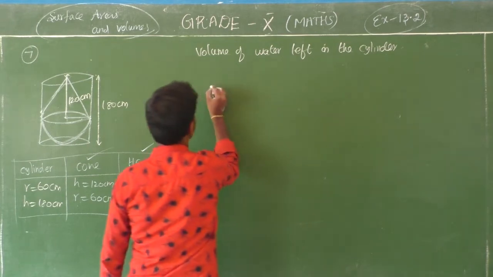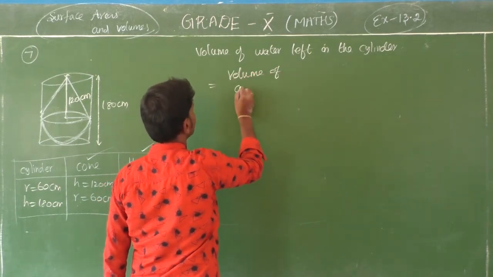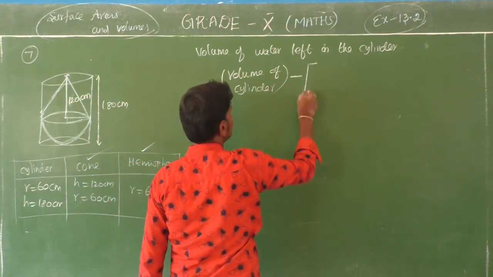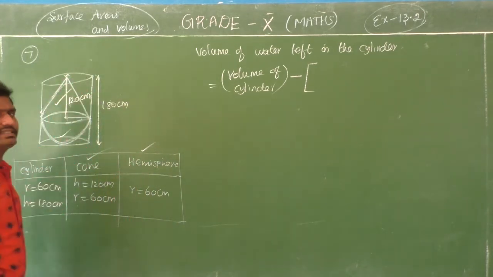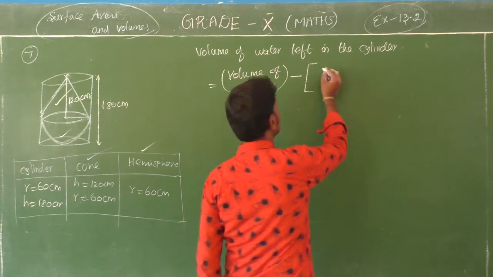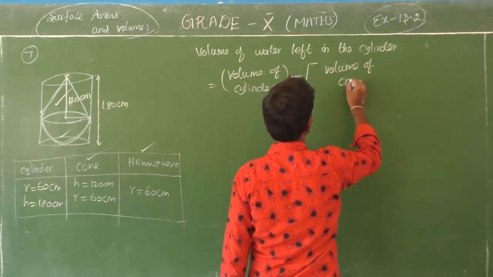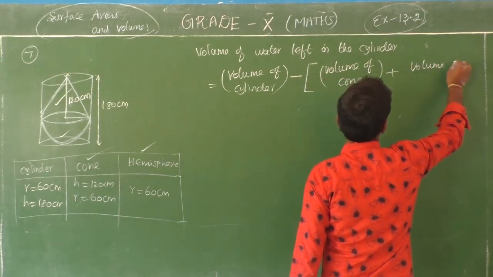It is very simple. First we are going to find the volume of the cylinder. Then subtract the two shapes. What are they? Cone as well as the hemisphere. So volume of cone plus volume of hemisphere.